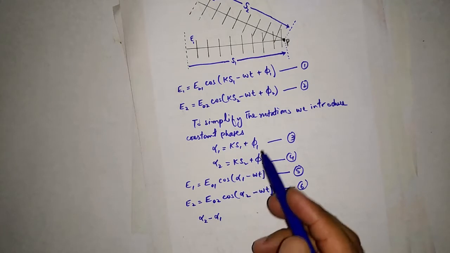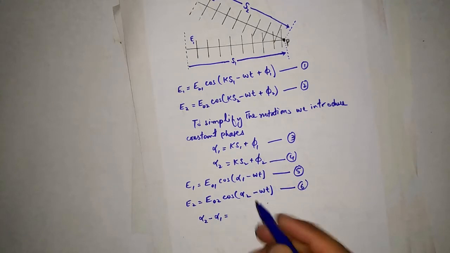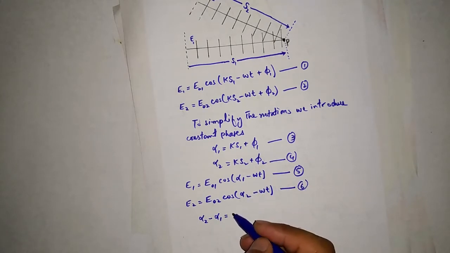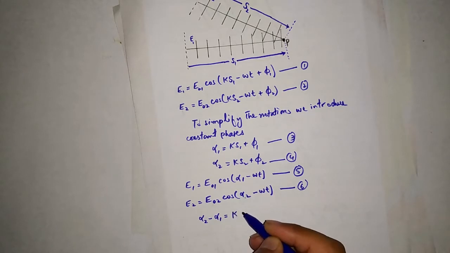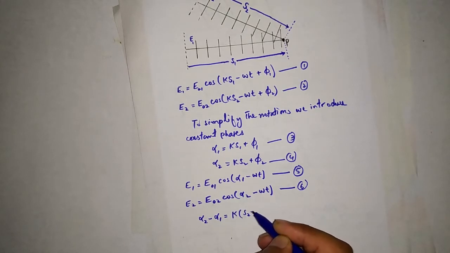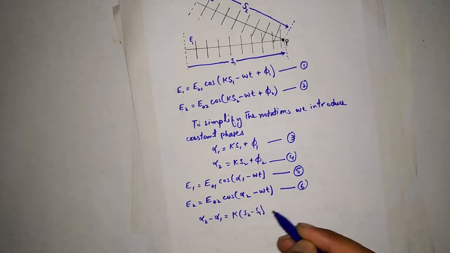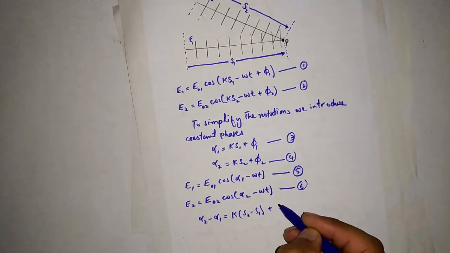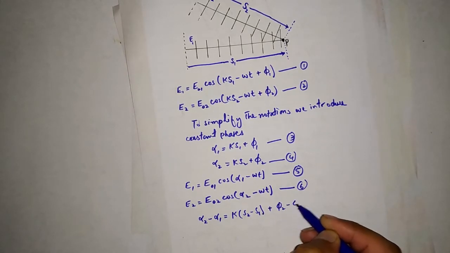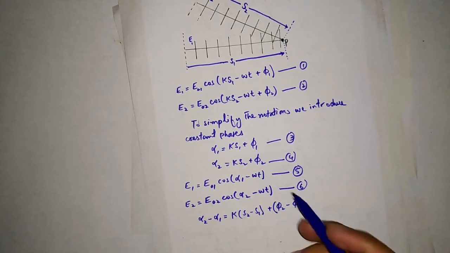This is the phase difference between the two waves, which is simply k times s2 minus s1 plus phi 2 minus phi 1.